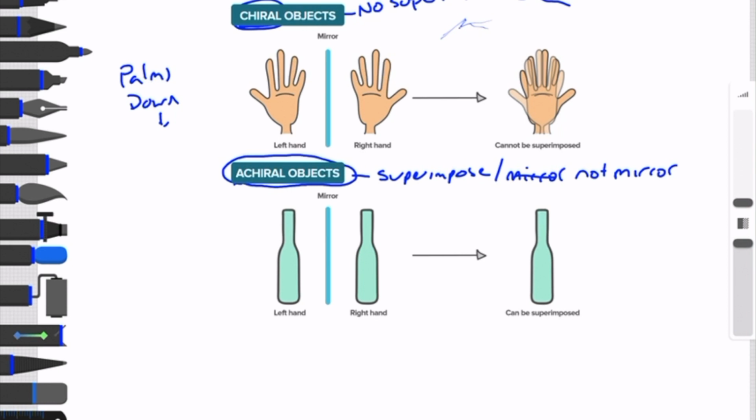These are not going to be superimposed onto each other. They're not going to fit. They cannot be superimposed in any orientation, no matter how hard you try. It's not going to happen. Therefore, they are chiral, okay?